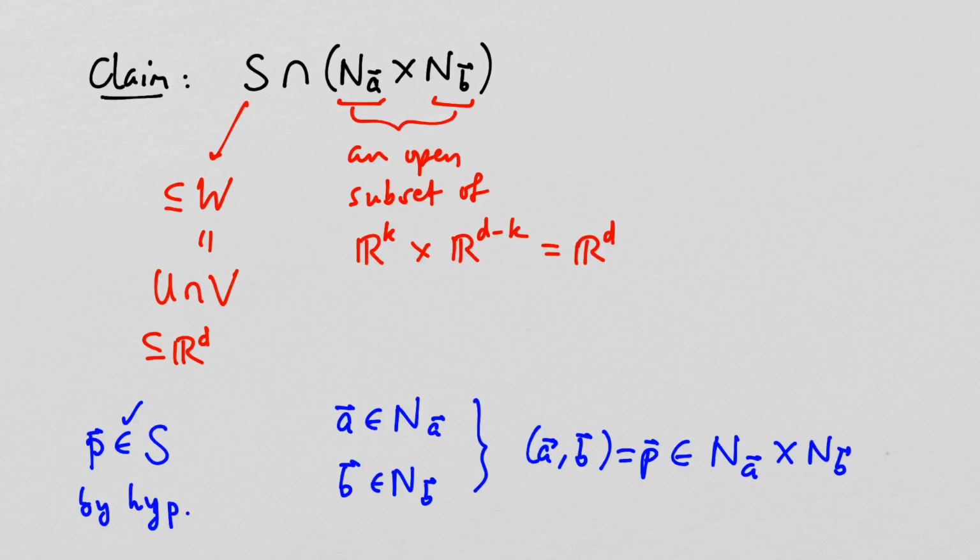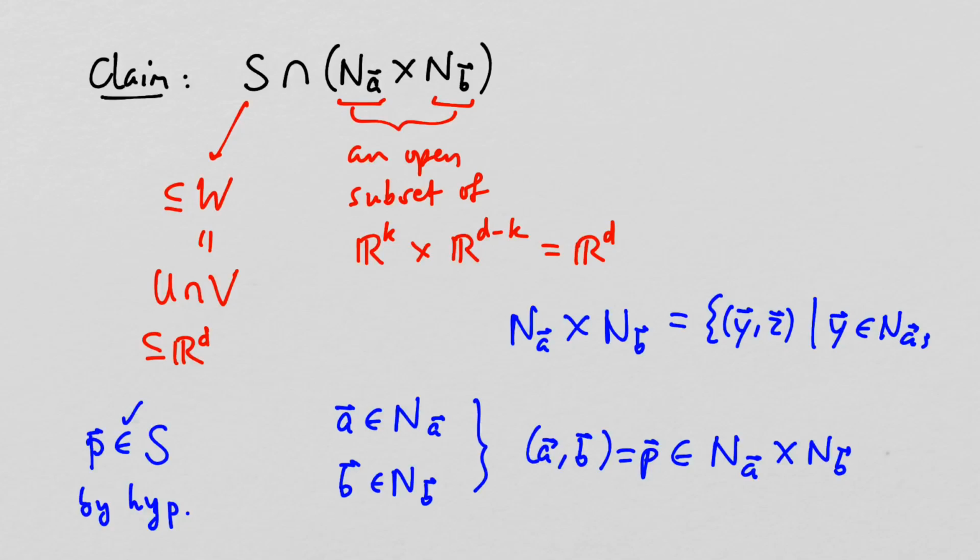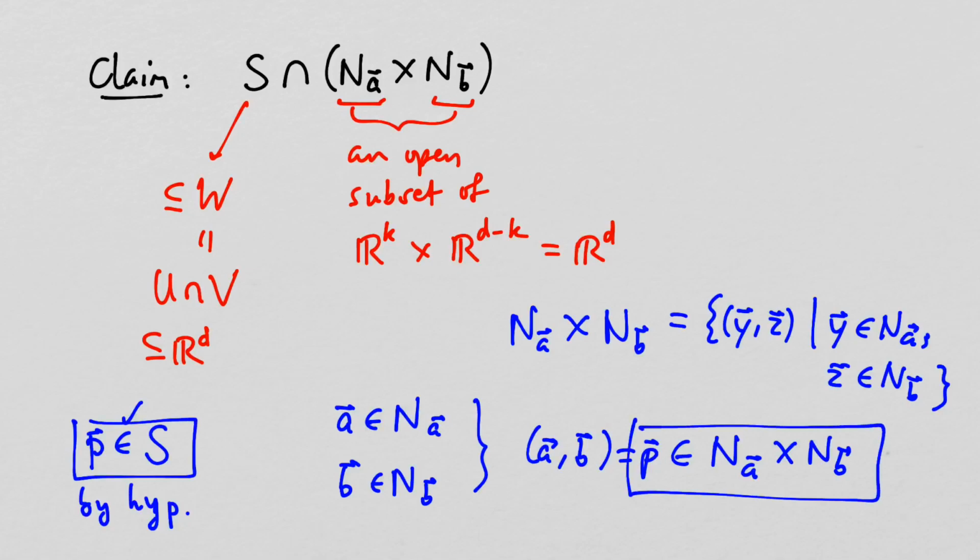After all, that's what a Cartesian product is. This Cartesian product is just the set of all concatenations yz, where y is in the first neighborhood and z is in the second. So P is in S, and P is in this Cartesian product. So it's also in the intersection. Therefore, this intersection is not the empty set.